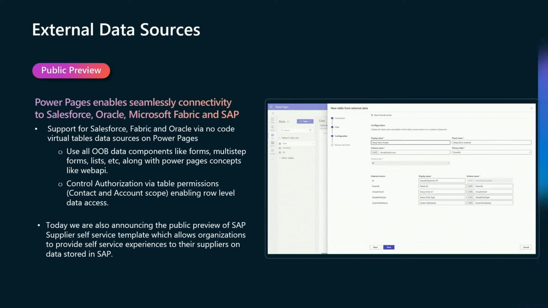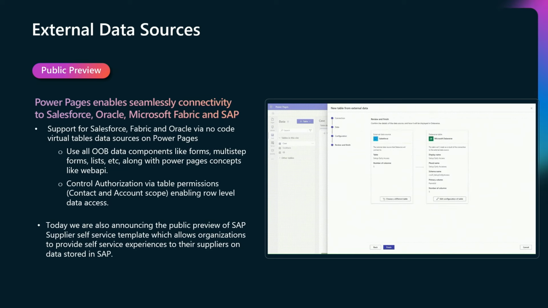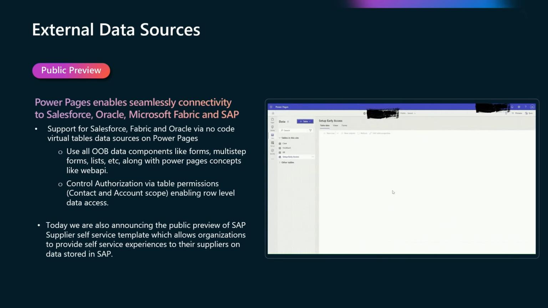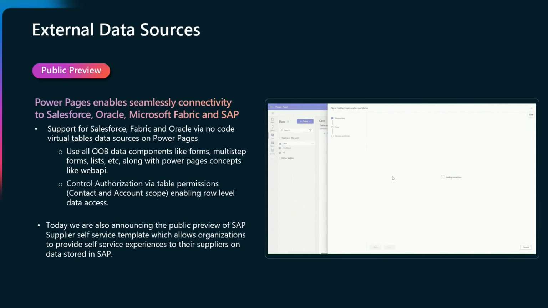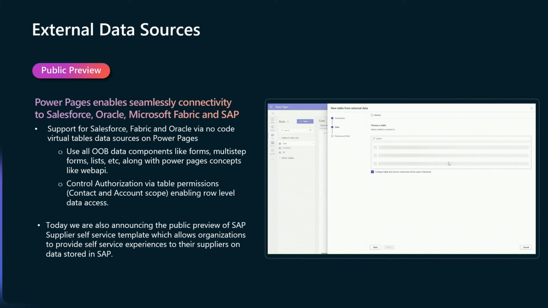Makers can configure authorization via existing authorization constructs and role-based access controls. Today, we are also announcing public preview of SAP's supplier self-service template that enables organizations to offer self-service supplier features to their suppliers on data stored in SAP.